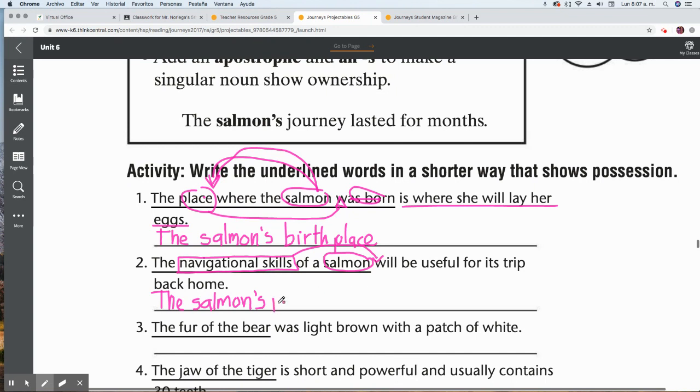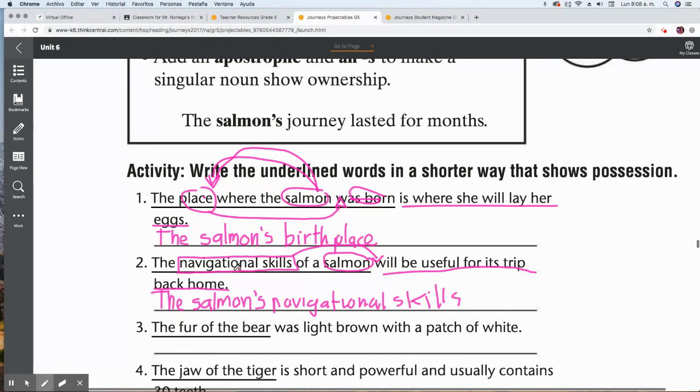The salmon's navigational skills. Then we would have to write the remaining of the sentence. So the salmon's navigational skills will be useful for its trip back home.